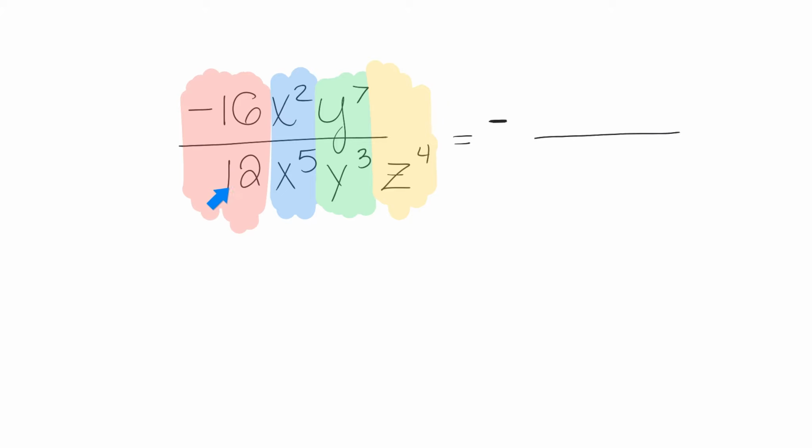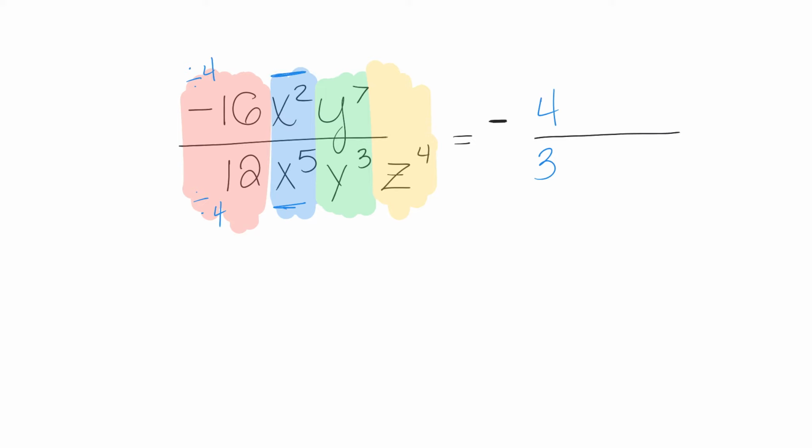They both divide by 4. That's about it, 4. So if we divide both of these by 4, 16 divided by 4 is 4, and 12 divided by 4 is 3.